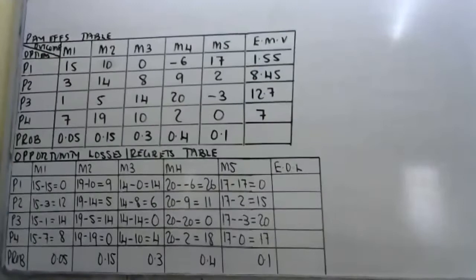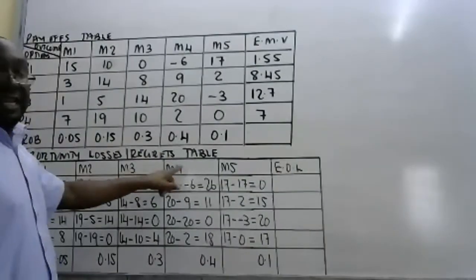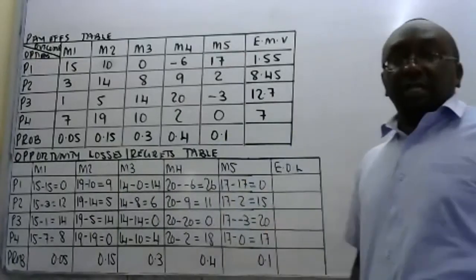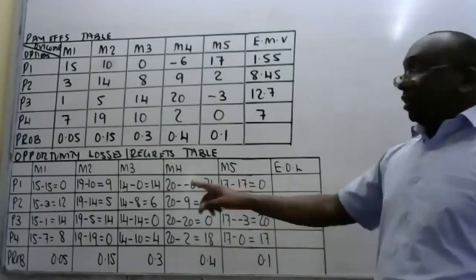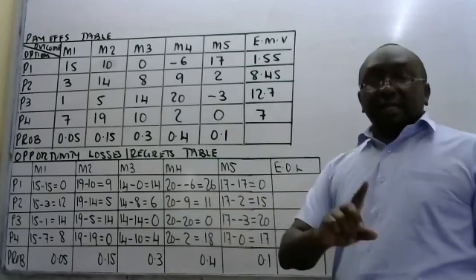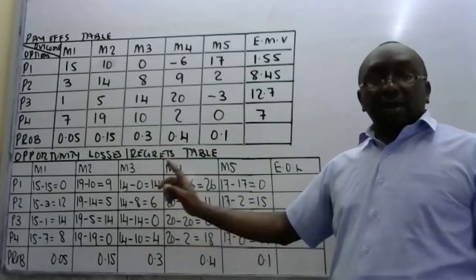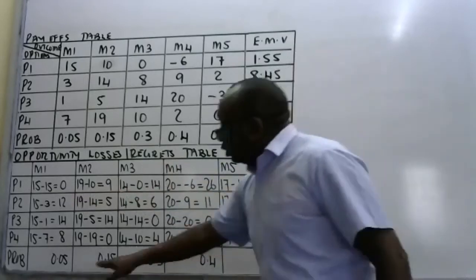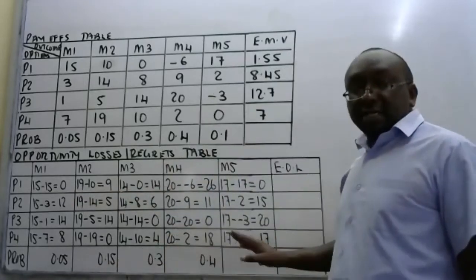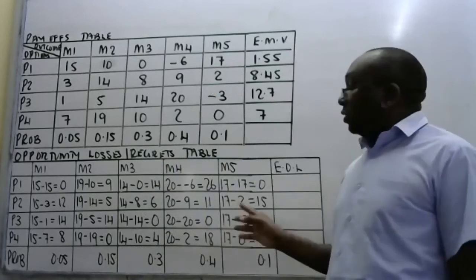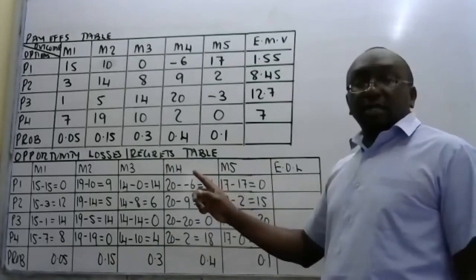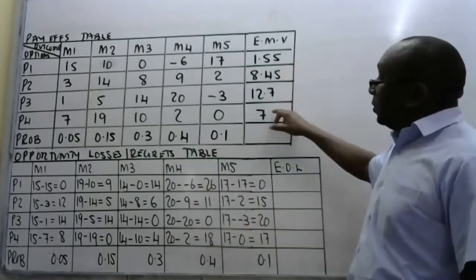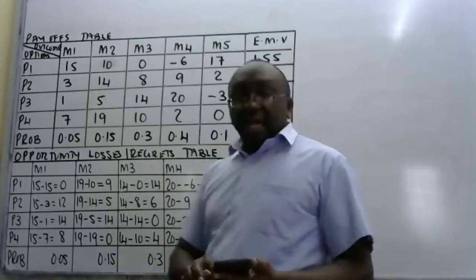So that is how you compute the opportunity losses or the regrets. So we want to compute the expected opportunity losses. I will not write because it is exactly like what we did with expected monetary value. You take these values, you multiply with the probabilities as you go. So I'm hoping you'll be able to follow that. It is exactly what we did with expected monetary values, how we got these ones. So if that is okay, let's begin.